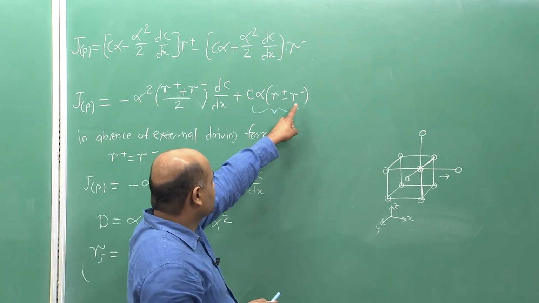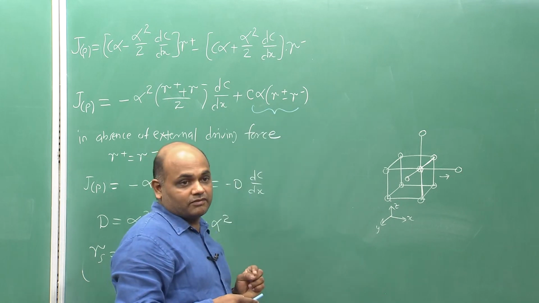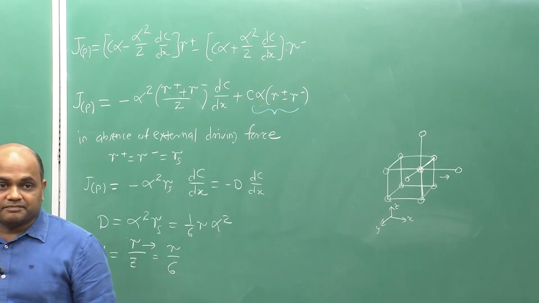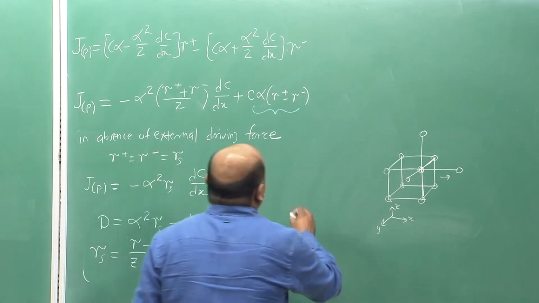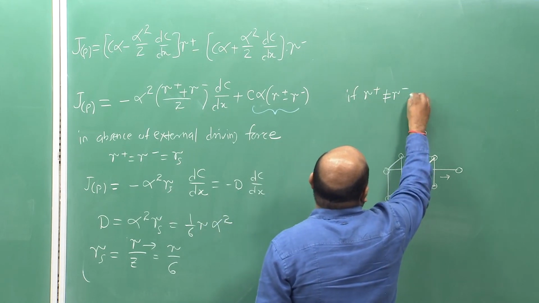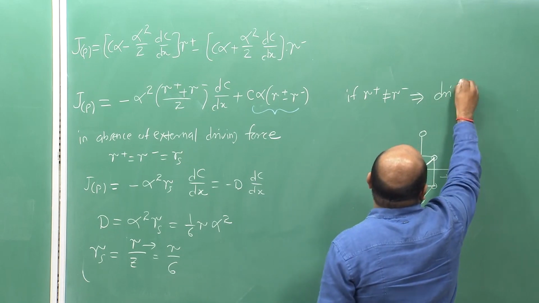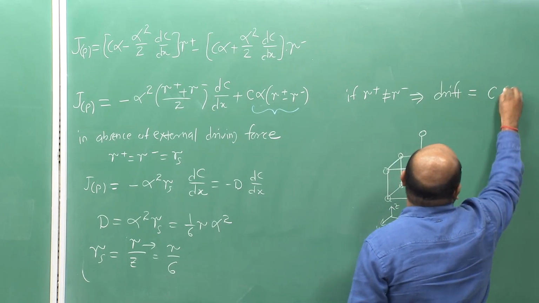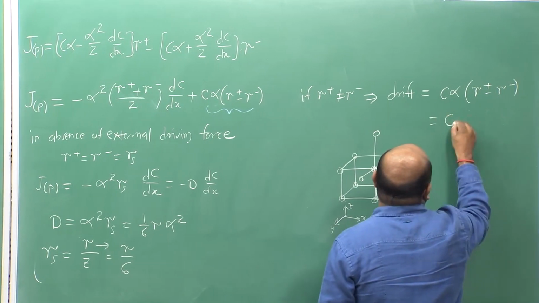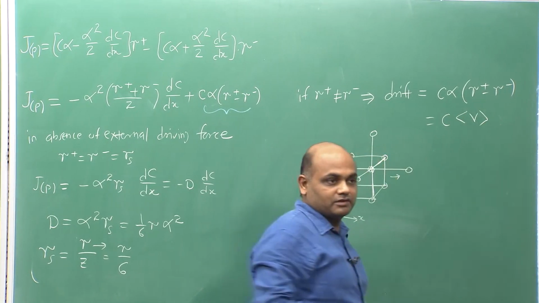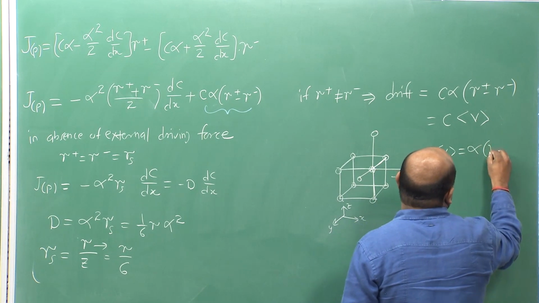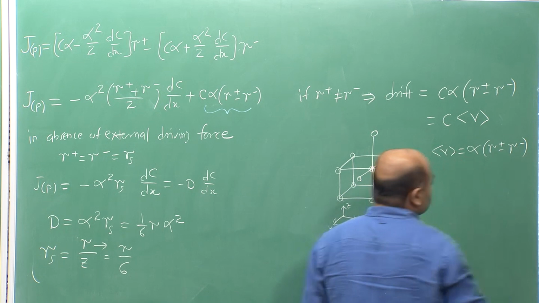Obviously, if gamma plus is not same as gamma minus, this term will have a non-zero value, and this is nothing but the drift term, right. So, if gamma plus is not equal to gamma minus, we get a net drift which is equal to C alpha times gamma plus minus gamma minus, and we know the drift is equal to C times V. So, the drift velocity comes out to be alpha times gamma plus minus gamma minus.